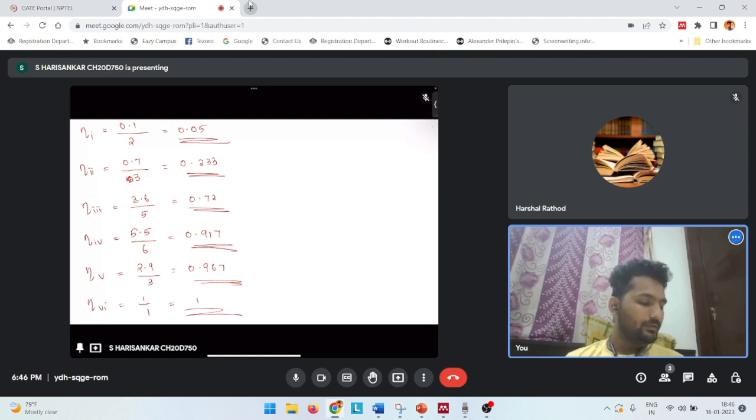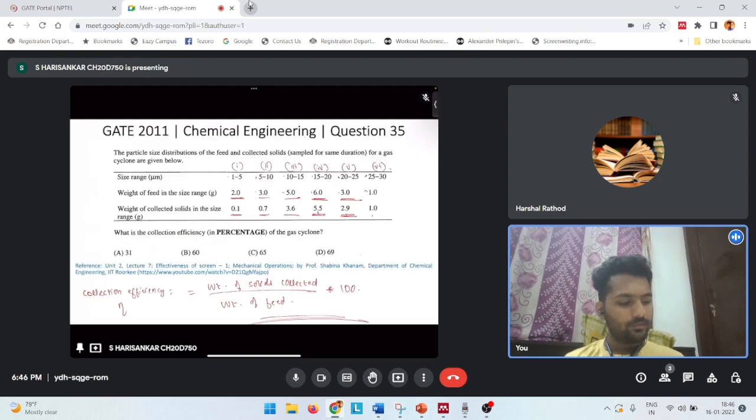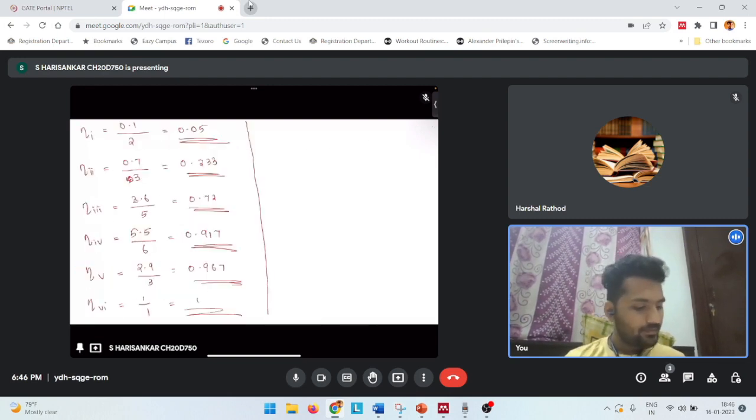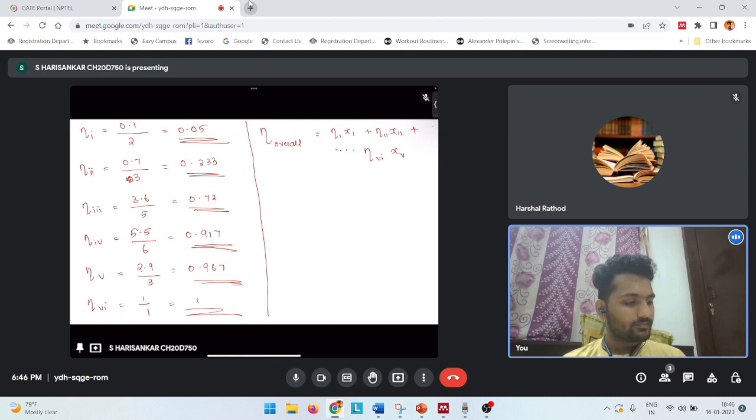Now here we need to find the overall collection efficiency. So we can define the overall collection efficiency as eta overall is equal to eta 1 x1 plus eta 2 x2 plus etc. up to eta 6 x6, where x is the mass fraction in that size range.